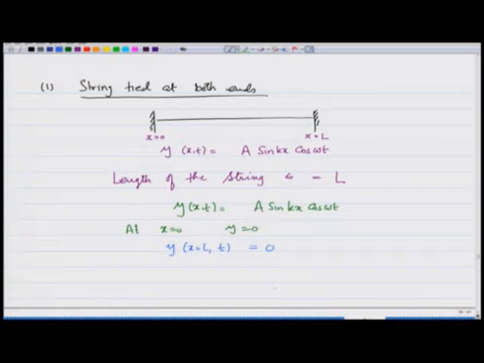Because this string is tied at that point, and therefore, I should have a sin kx cosine of omega t at L, which is equal to a sin kL cosine of omega t equals 0 for the string tied at both ends.